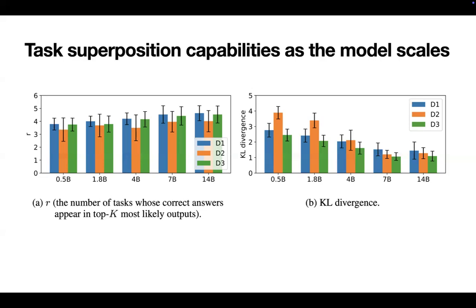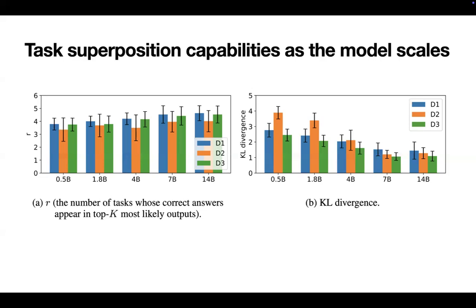So as you can see, under those 3 in-context task distributions, on the left-hand side, as the model scales, the R values, so the number of tasks whose correct answers appear in the top 10 most likely outputs, increase, indicating that as we scale the model, it can perform more tasks in context.